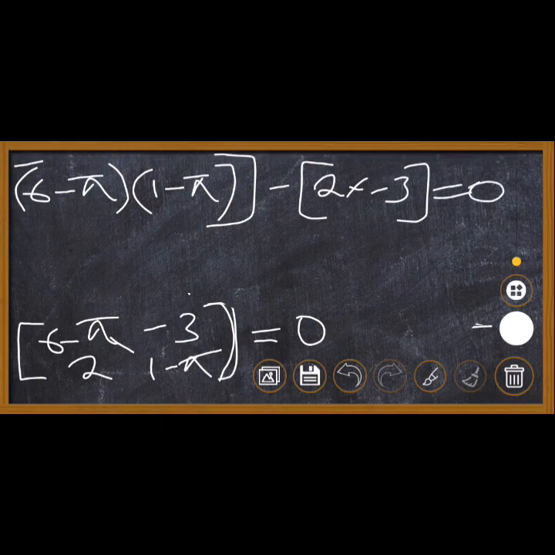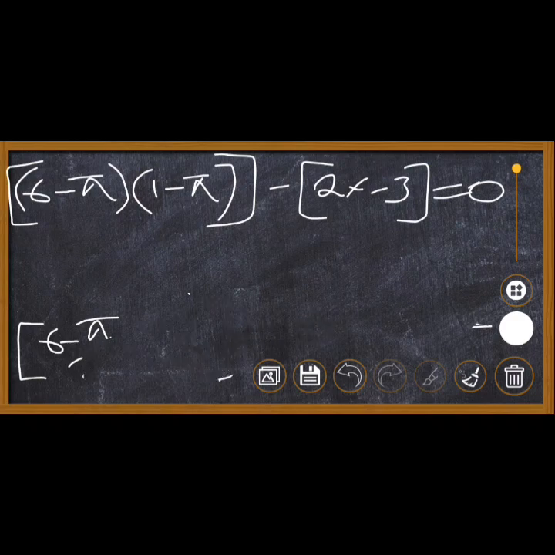So here we have a quadratic equation. Okay, so what are we going to do here? Let's just wrap this, because this seems to be quite long.